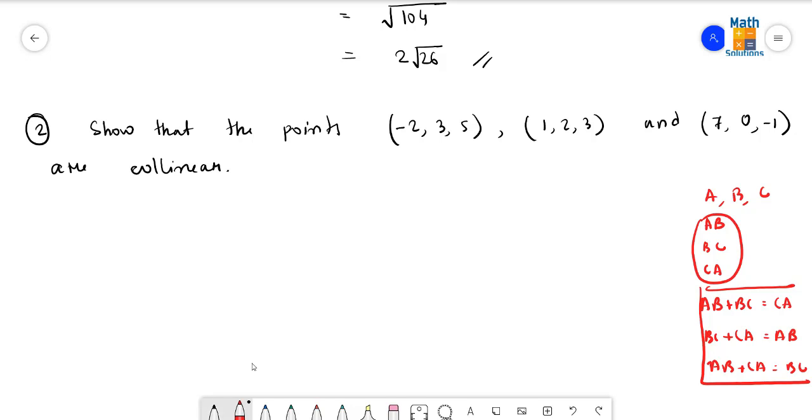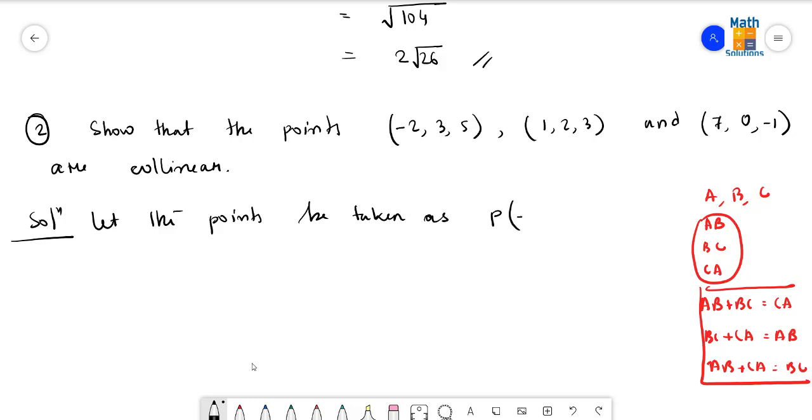So what we shall do, first of all, in the solution part we shall write that let the points be taken as capital P (-2, 3, 5), then capital Q (1, 2, 3), and capital R (7, 0, -1). After that, using distance formula, we are going to evaluate the respective values of PQ, QR and RP.